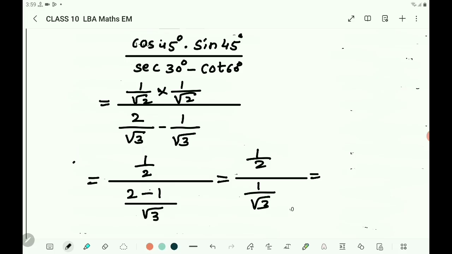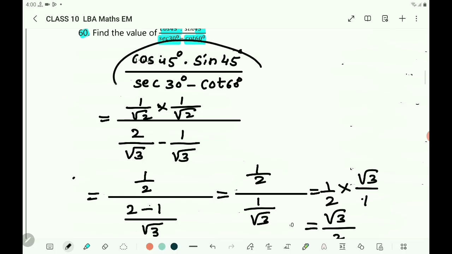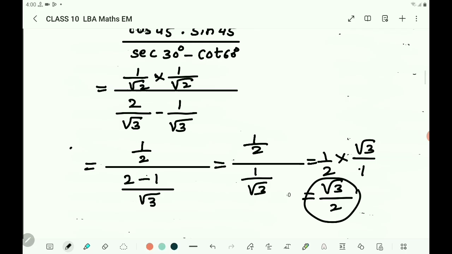Then it becomes 1 by 2 into the reciprocal of 1 by root 3 that we have to take, that is root 3 by 1, and finally it is equal to 1 into root 3 is root 3 and 2 into 1 is 2. Root 3 by 2. The value of this is root 3 by 2.